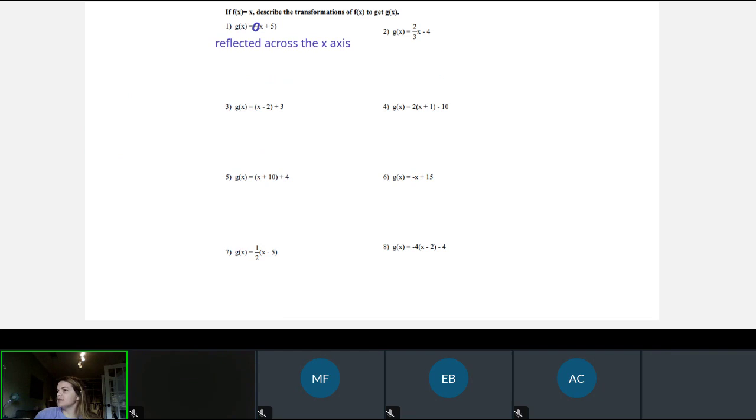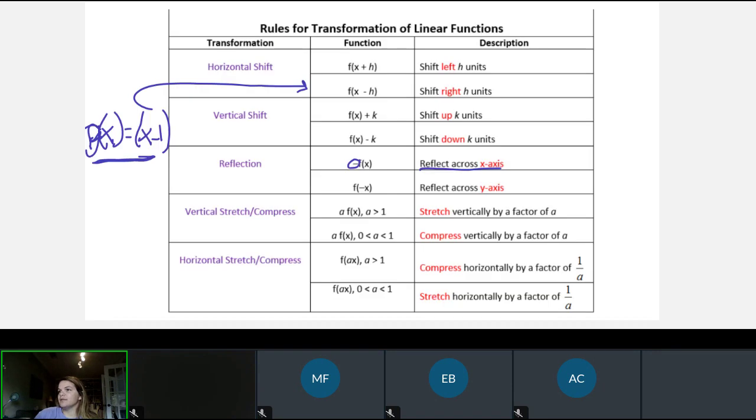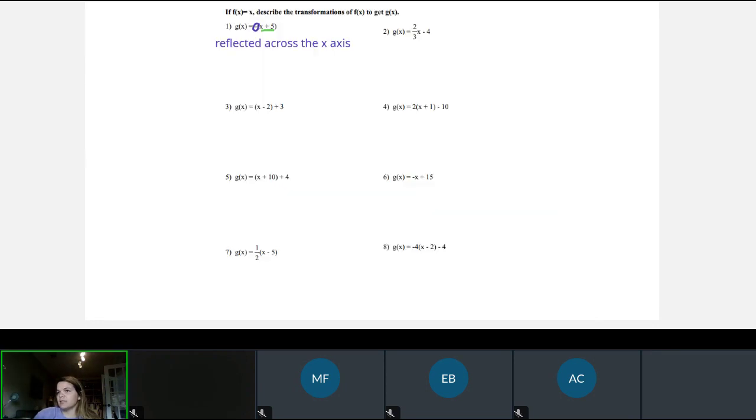All right, let's see what else is happening. Inside the parentheses, I have plus 5. If I go back to my rules, inside the parentheses is going to be left however many I'm adding. Since I was adding 5, that means I am shifting to the left 5 units.